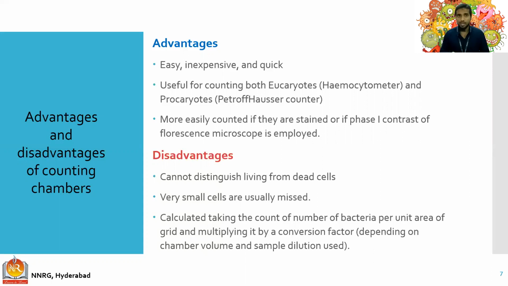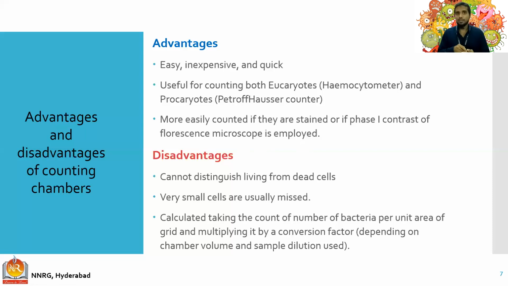Prokaryotes means bacteria, whereas eukaryotes means human RBC or animal RBC, anything from the blood, and also plant cells we can count. Cells are more easily counted if they are stained or if phase contrast or fluorescence microscope is employed.